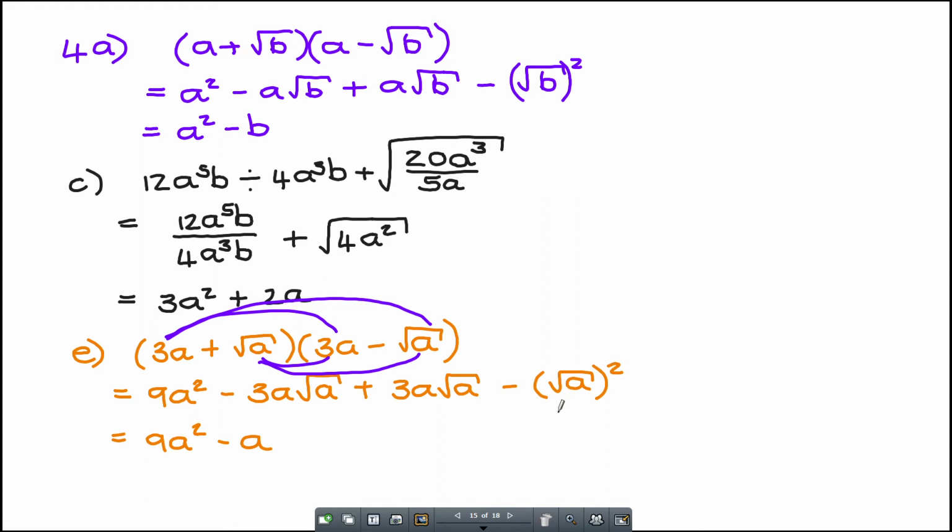Again, those are going to cancel each other out. Right. Okay. So I still have 9a squared. These two are like terms, so there's nothing going to be left there. And then this square root and the square means that I only have a left. Okay, any questions? Can I skip?